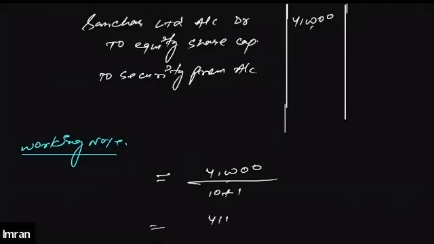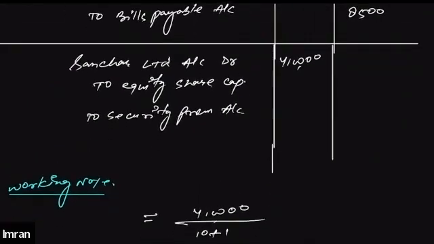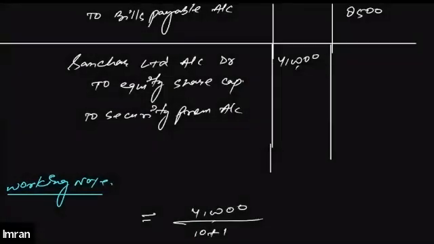So 4,10,000 divided by 11, we will get the number of shares as 41,000, I guess. Now you can simply put this value here, 41,000 into having a face value of 10.